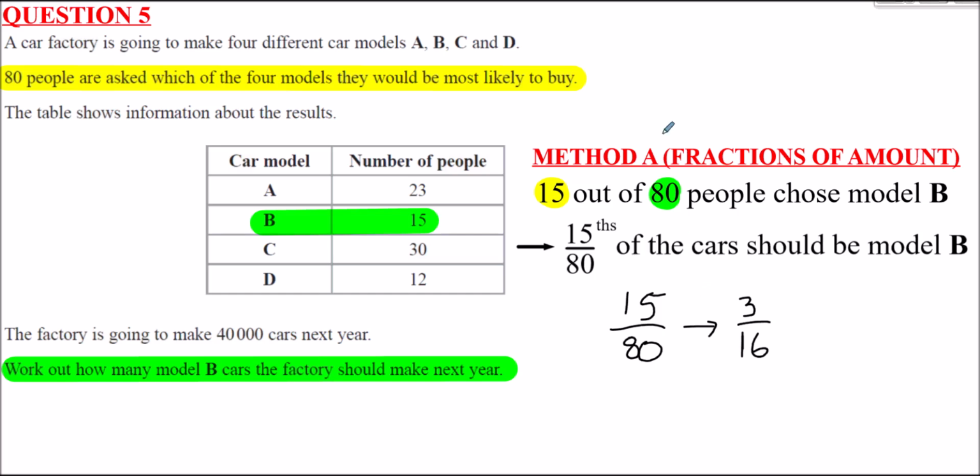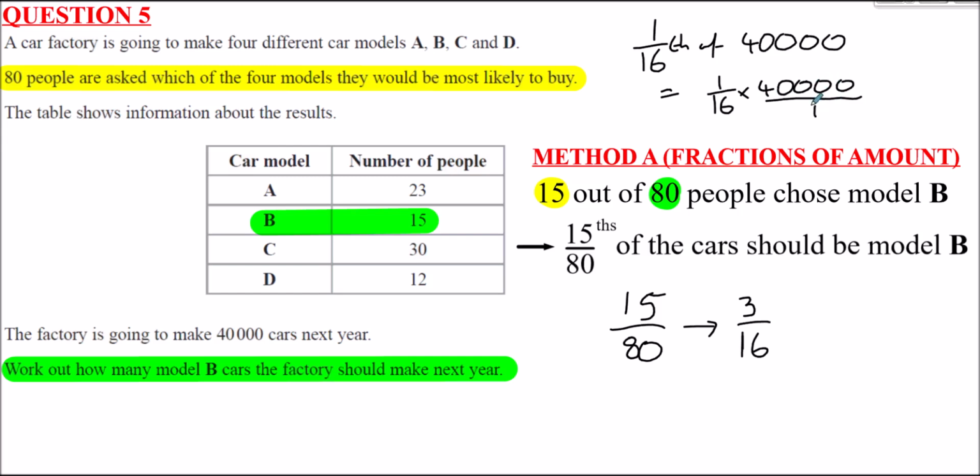First of all, I'm going to calculate 1/16 by dividing 40,000 by 16. I could jump straight into doing a division, 40,000 divided by 16 using the bus stop method, or I could think of this as 1/16 multiplied by 40,000 over 1.